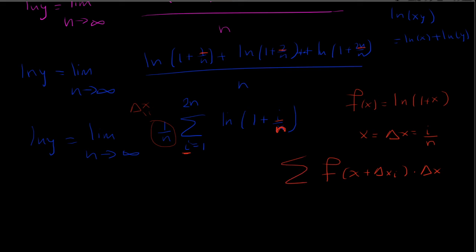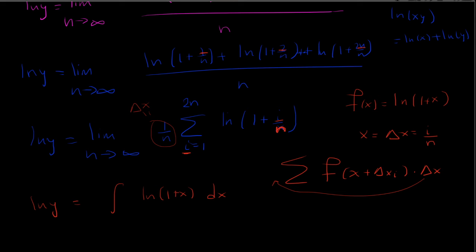And of course you have the sum. But in this case, I pulled it out in front because it didn't depend on i. So this is the integral of f of x, which in this case we said is ln of 1 plus x dx, and this is equal to ln of y.